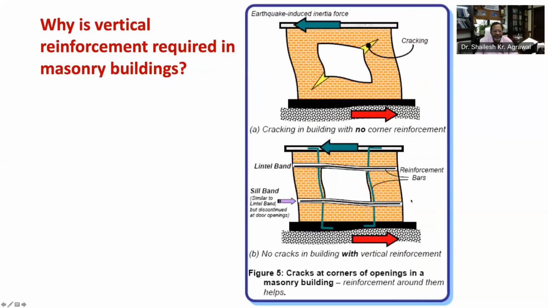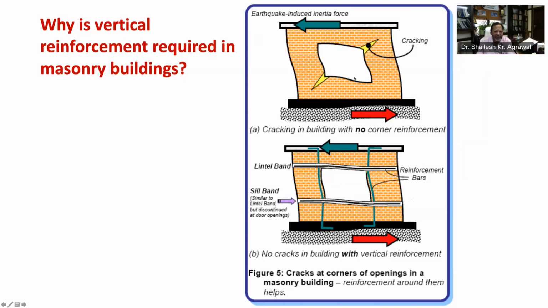Now let's see figure number 5. The sliding failure, as explained, is rare even in unreinforced masonry buildings. However, the most common damage observed after an earthquake is diagonal X cracking of wall piers and also inclined cracks at the corners of door and window openings, as shown in figure 5A.